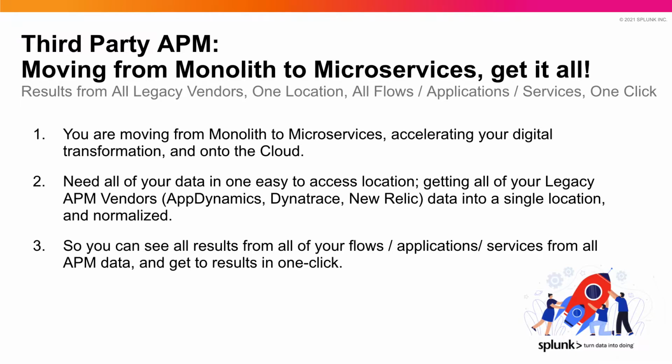So specifically, I'm talking about your legacy APM vendors, so AppDynamics, Dynatrace, New Relic, and getting all of that data into a single location, and most importantly, normalizing it, so that you can then see all of those results from all of the different flows, applications, and services across all of that APM data, enabling you to get results in one click.